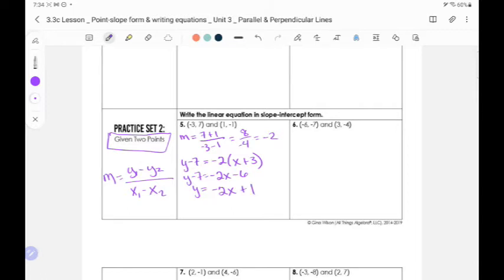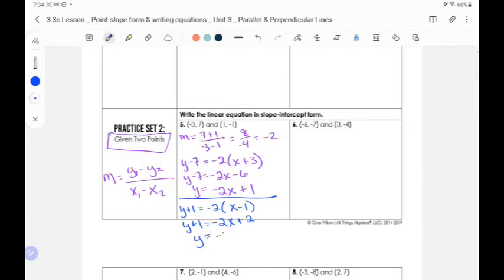Now, just for the sake of proving a point here, I'm going to use the other point and show you what happens. If I do y plus 1 equals negative 2 times x minus 1, I distribute the negative 2. Negative 2 times negative 1 is positive 2.